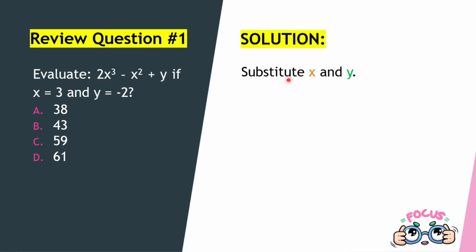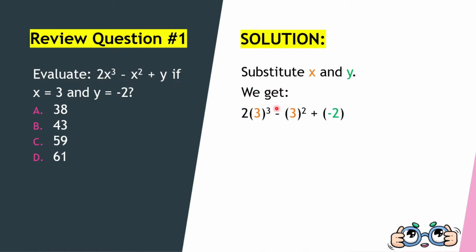Solution. So, substitute the values of x and y in our given expression. So, we get 2 quantity 3 cubed minus 3 quantity square plus quantity negative 2. Always remember when you are about to substitute a value, mapa-positive man yan or negative, lagyan mo lagi siya ng parenthesis, to distinguish or to separate the terms from the other coefficients.